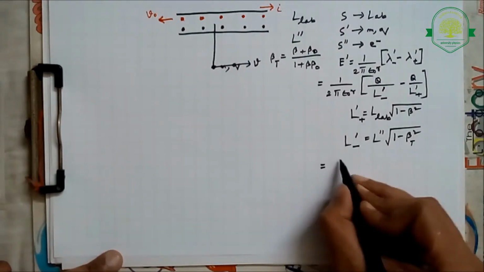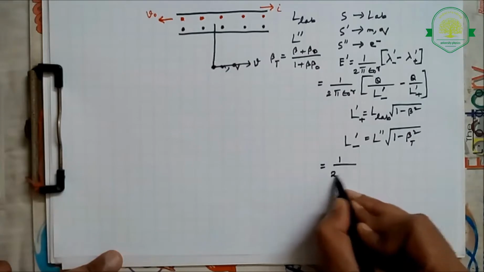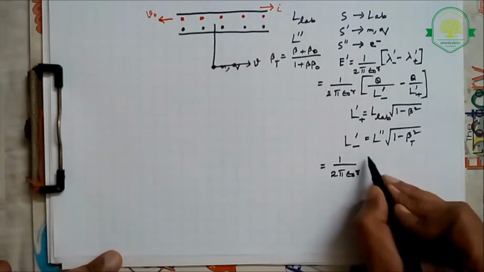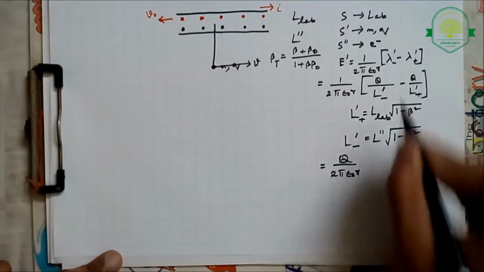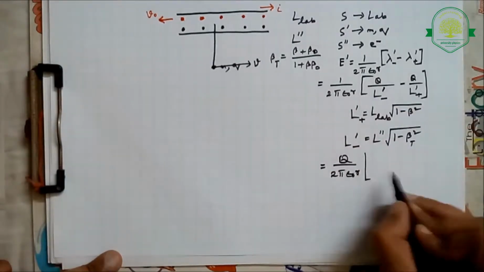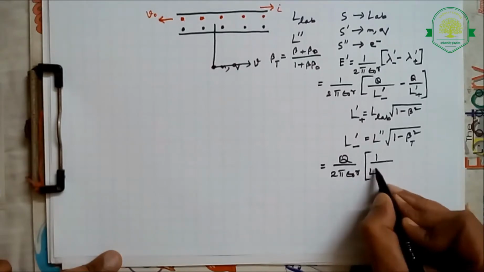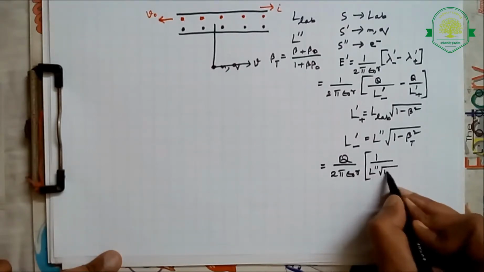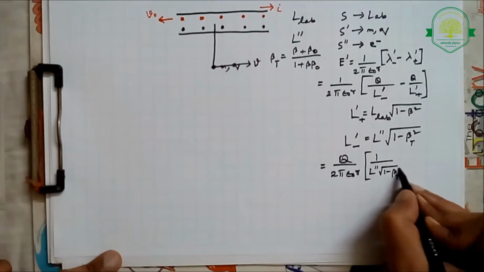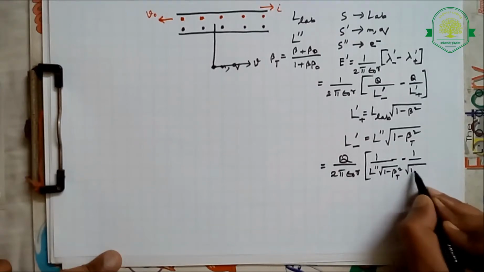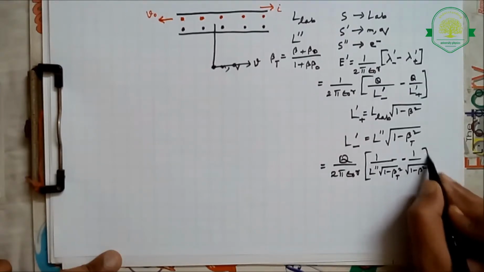So if we substitute those, we get 1 over 2 pi epsilon 0 r. We can take the q's out and we get here 1 over L double primed square root of 1 minus beta t squared, minus 1 over square root of 1 minus beta squared.